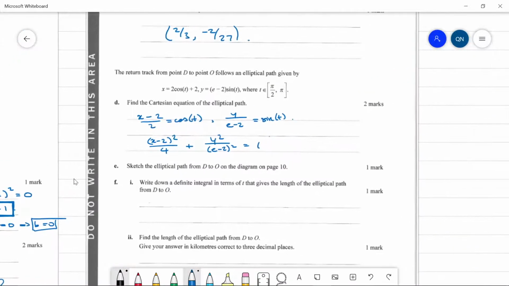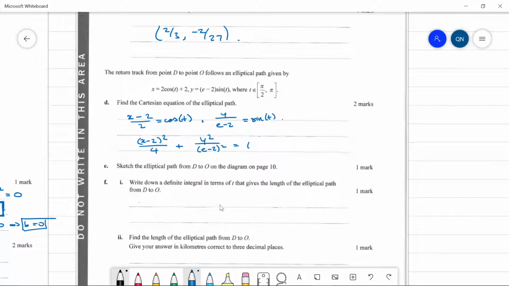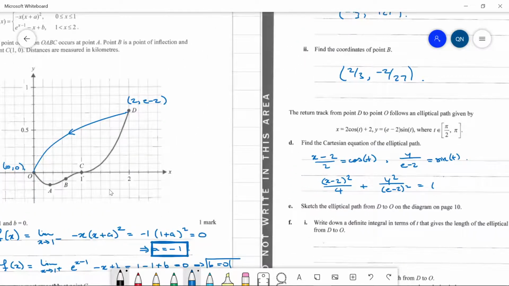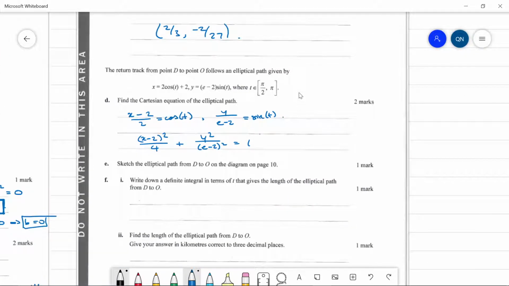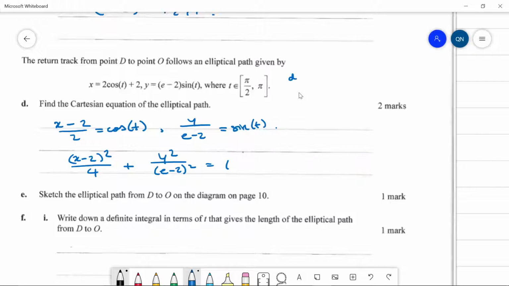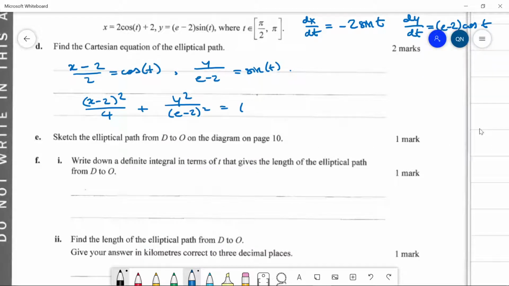So yeah. Part F, write down a definite integral in terms of t that gives the length of the elliptical path. So we're just going to use the arc length formula, which I don't think is too tricky to apply in this case, because you needed to find dx/dt, which is just -2 sine of t, and dy/dt, which is (e minus 2) cosine of t, and you need to square them, add them together, put it inside a square root, chuck it inside an integral from pi on 2 to pi, and you're done.